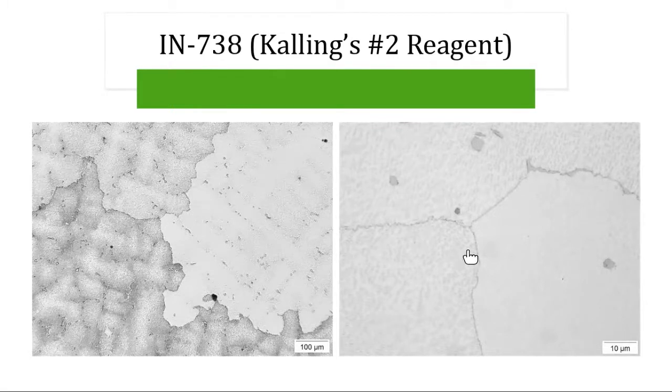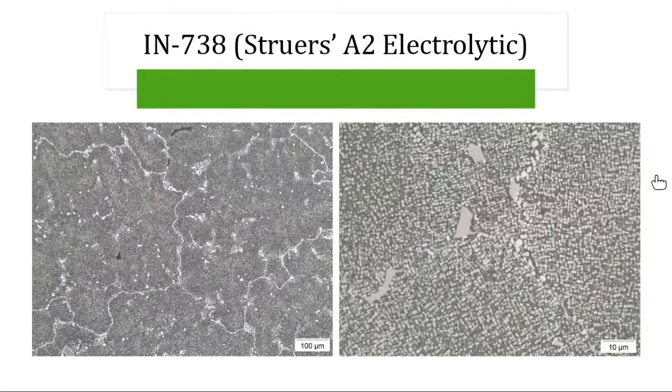We also want to be able to identify our precipitation strengthening method, which in the case of a nickel-based superalloy would be gamma prime. So I have to go back and repolish my sample. I don't have to start all over again. I just have to jump back to maybe a 3 micron or 1 micron on the flat nylon pad or low nap cloth, and then I perform an electrolytic etch.